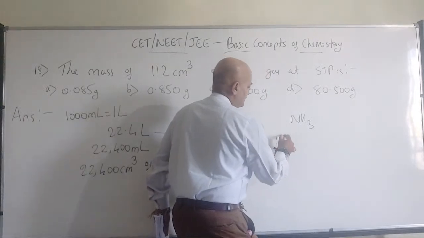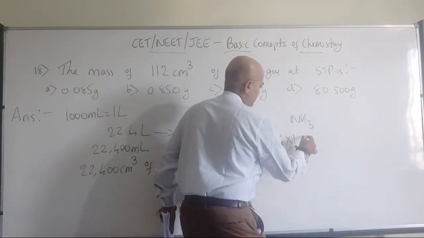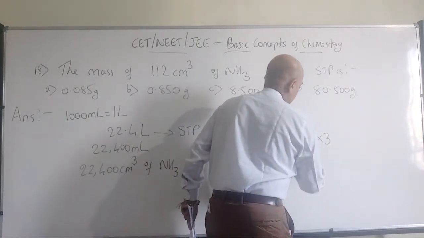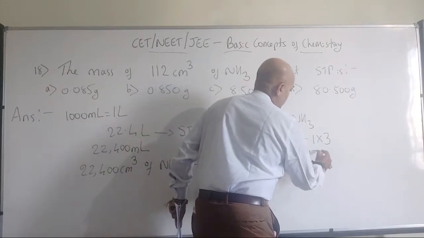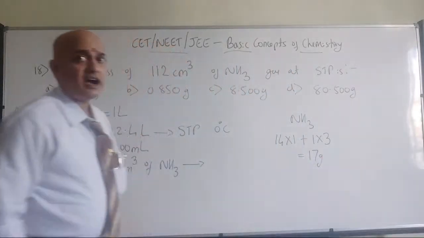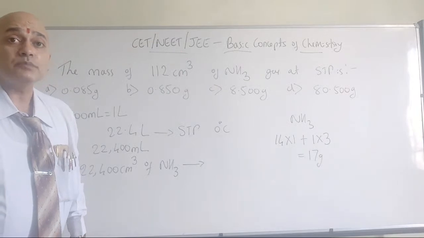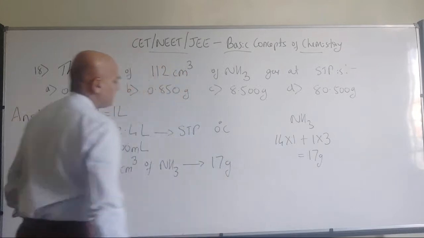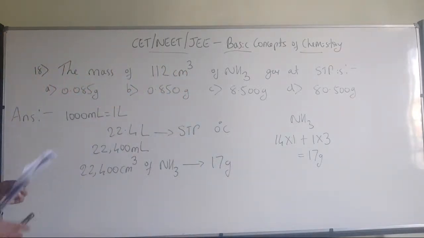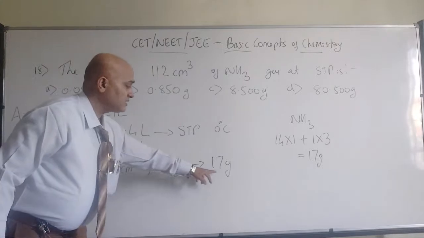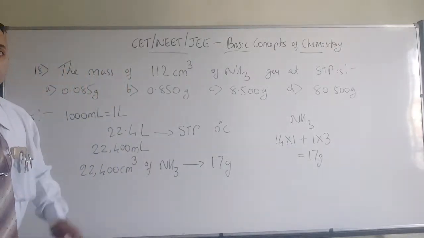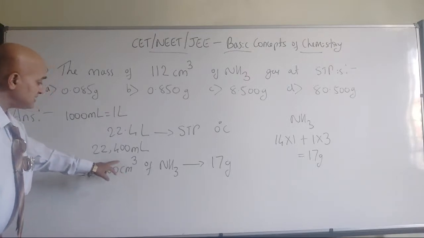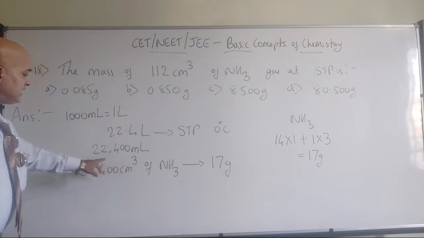Nitrogen is 14 into 1, only one nitrogen is there, and 1 into 3, since we have 3 hydrogen. So altogether it will become 17 gram. So 17 gram is the molar mass of ammonia. Why? Because 1 mole of ammonia corresponds to 17 gram. And this is the volume of 1 mole of any gas.